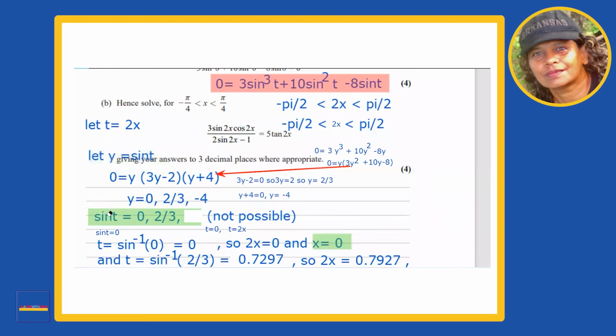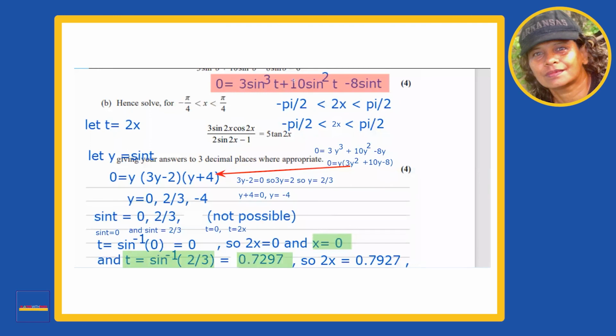So that is my solution for x. The next thing I know is that sine of t is also equal to 2/3. If sine of t is 2/3, then t is equal to sine inverse of 2/3, which is 0.729.